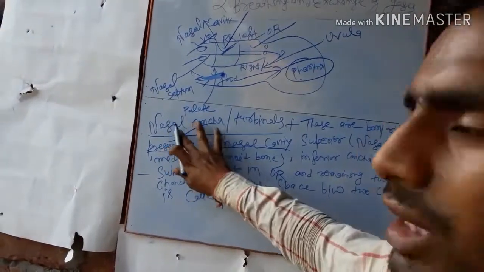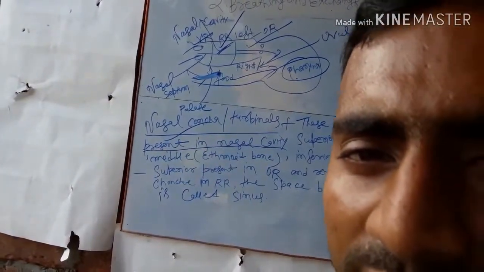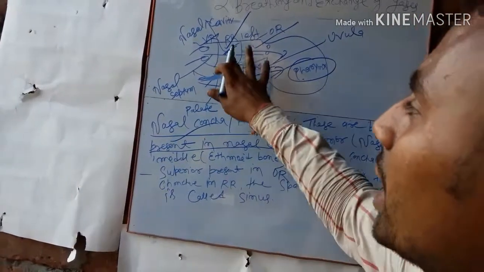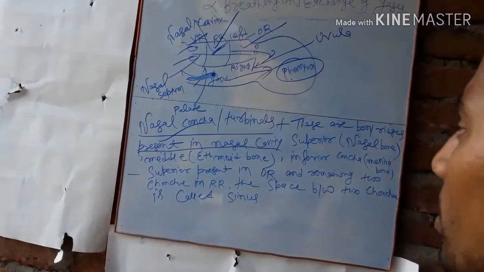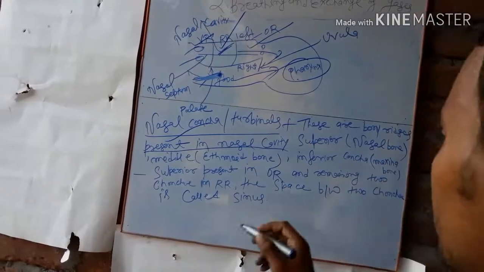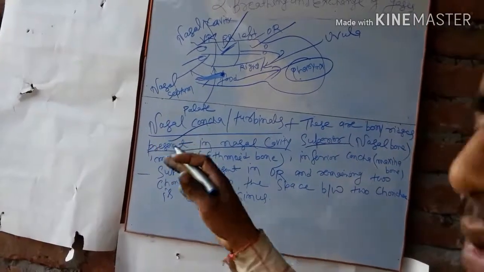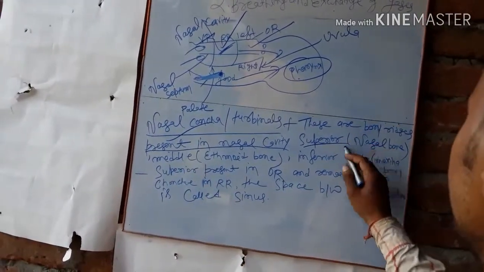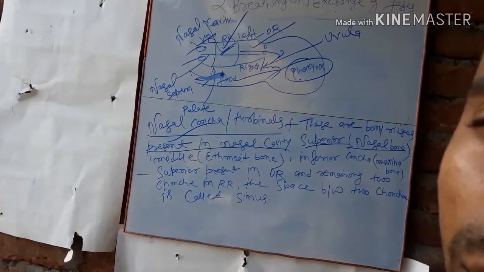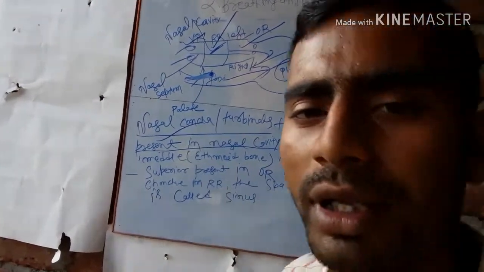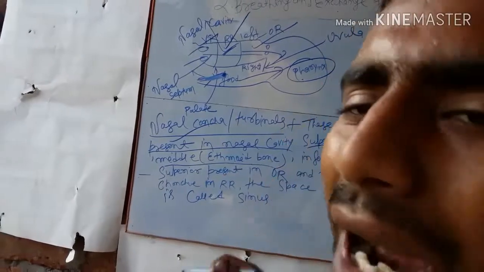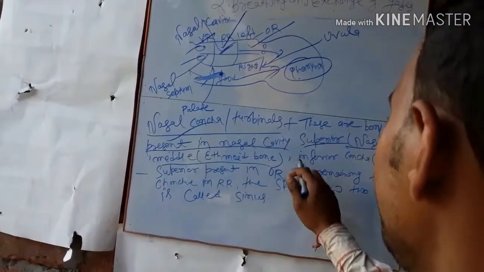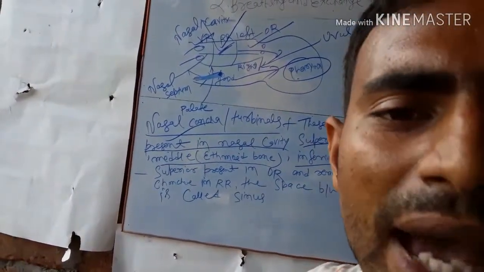Nasal conchae are bony ridges present in the nasal cavity. The superior is the nasal bone, the middle is the ethmoid bone, and the inferior is the maxilla bone.